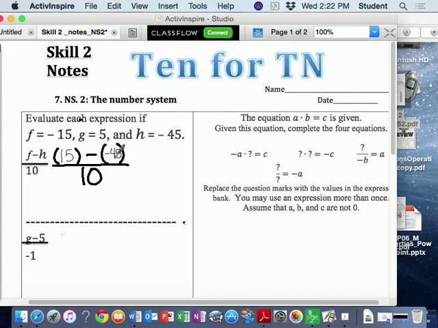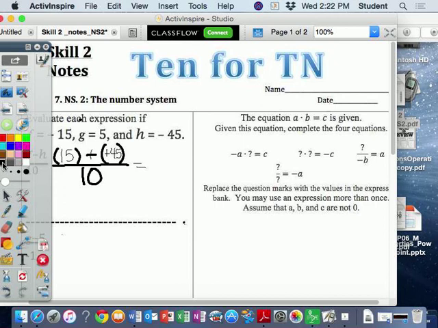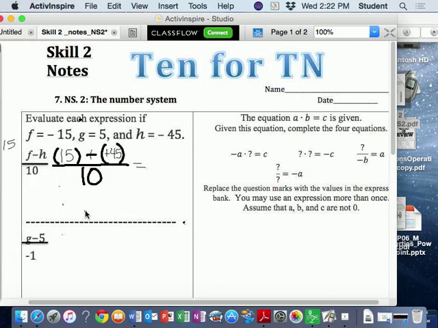So first we need to fix our numerator, negative 15 minus a negative 45, keep, change, change. So we have 15 plus 45, which would give you 60.